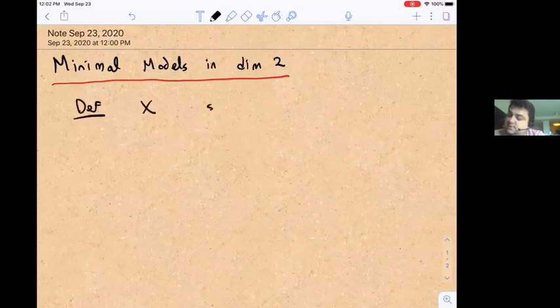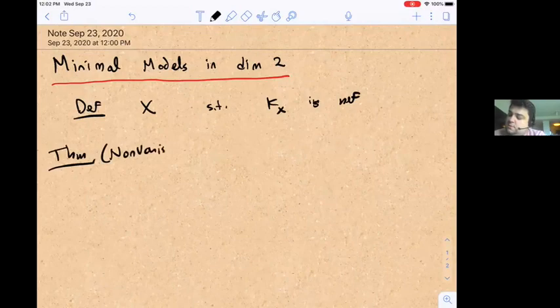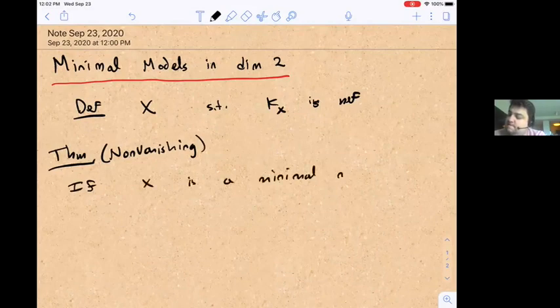An X such that the canonical is nef. And we were in the middle of proving the non-vanishing theorem. If X is a minimal model, then some multiple of the canonical has a section.